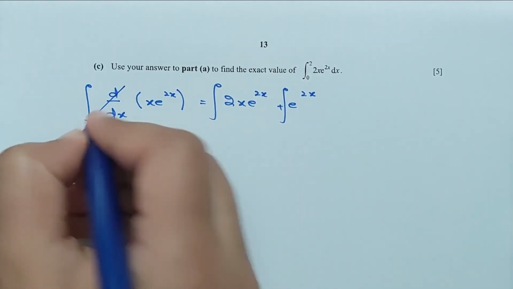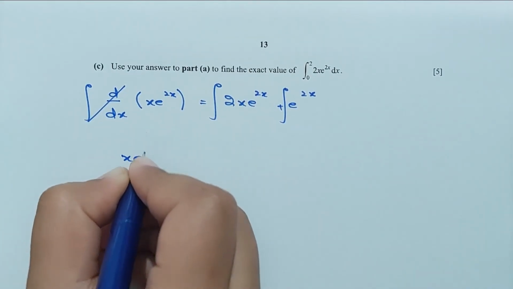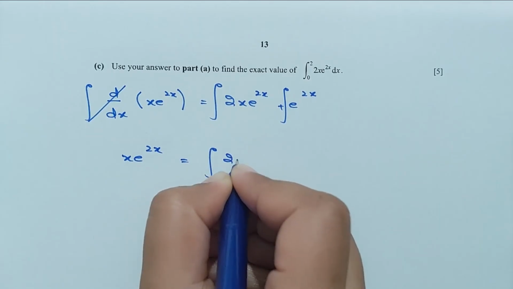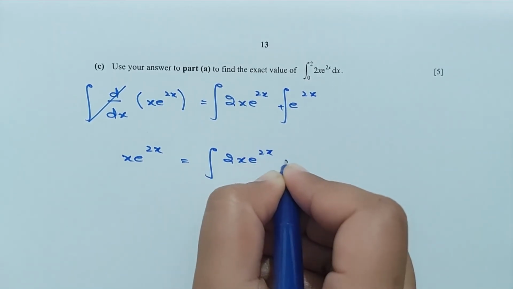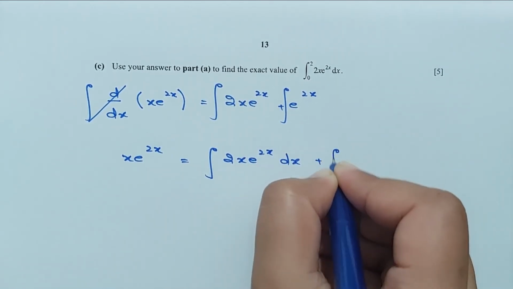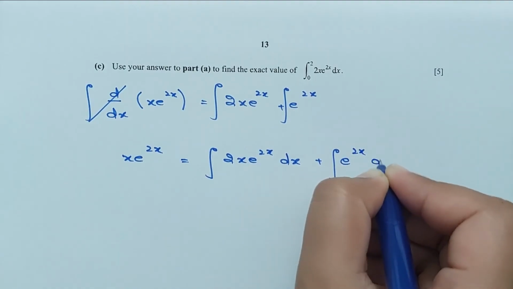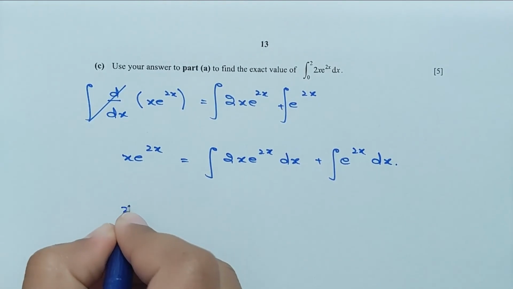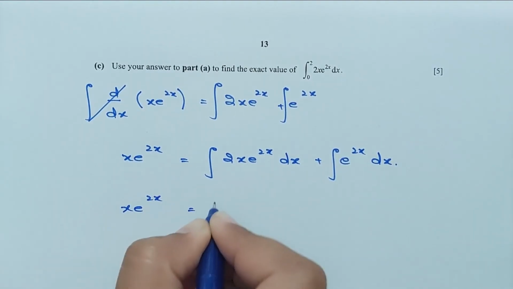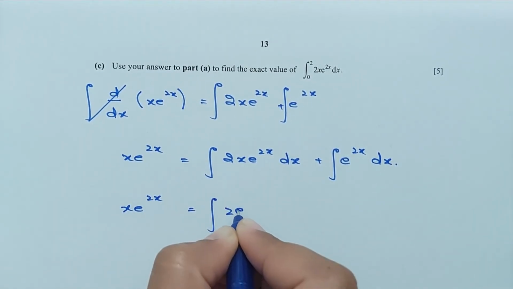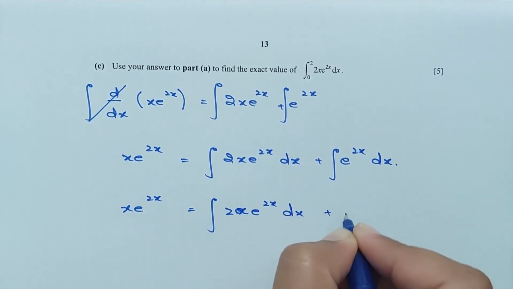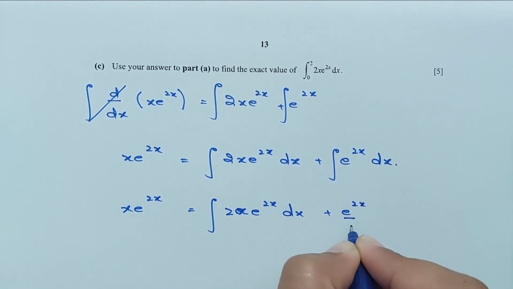Right, so this derivative and integral cancel. x e to the power 2x equals integration 2x e to the power 2x dx plus integration e to the power 2x dx. Right, so x e to the power 2x equals integral of 2x e to the power 2x dx, plus this integral, which is e to the power 2x over 2.